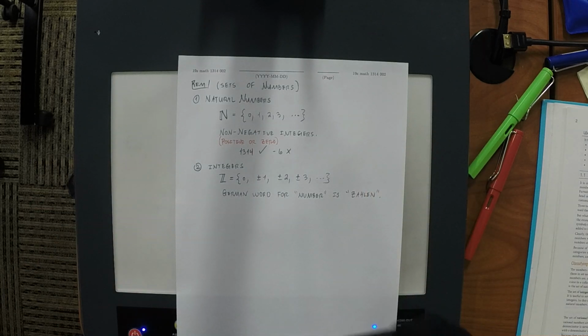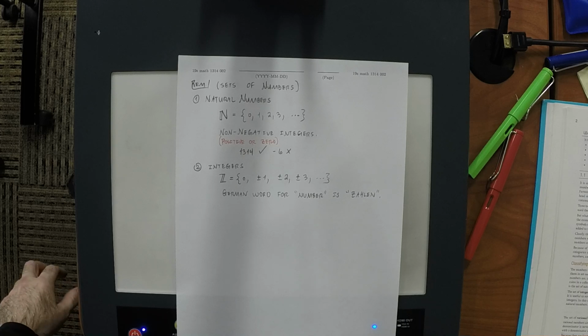That's Zahlen, with a TS kind of sound, because in German the Z makes a TS sound, which is why the composer's name is Mozart, pronounced with a TS, because the dude was German.